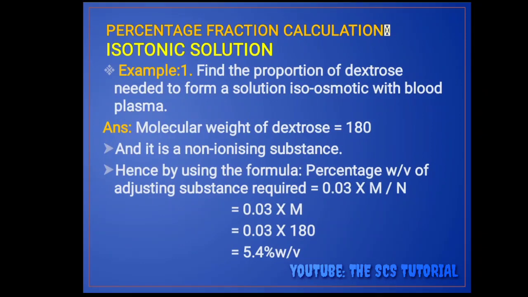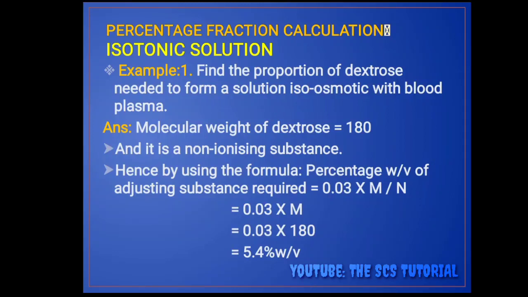Coming through an example: find the percentage of dextrose needed to form a solution which is isosmotic with the blood plasma. The molecular weight of dextrose is 180 and it is a non-ionizing substance.